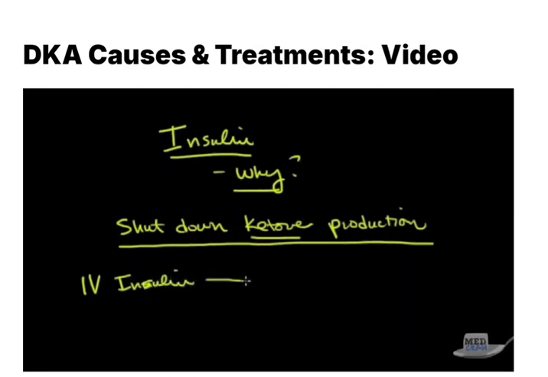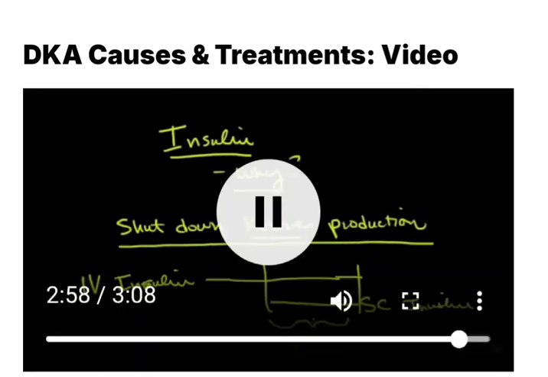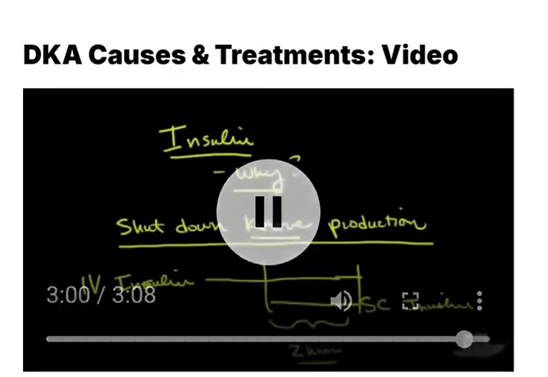And what we do is we transition to subcutaneous insulin, some long-acting insulin, and we do it with about a 2-hour overlap to make sure that the patient doesn't go without any insulin during that time, because we want to shut down the ketone body production, which is occurring in the matrix of the mitochondria.